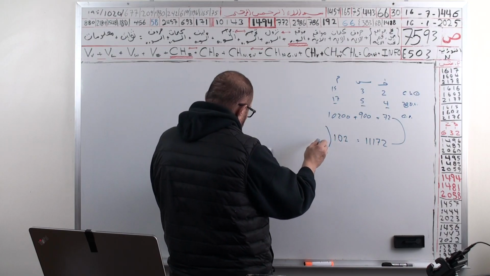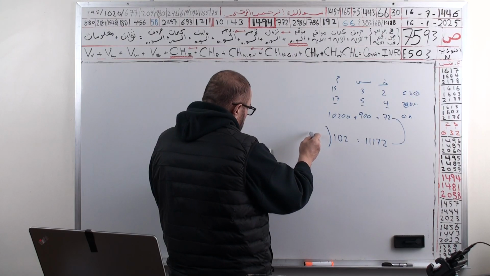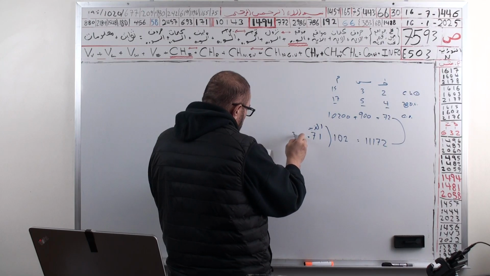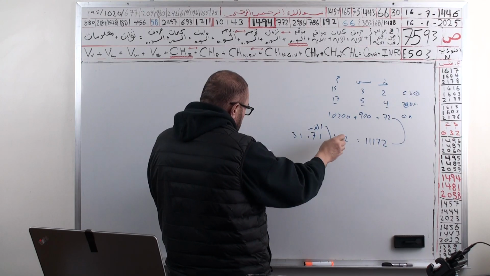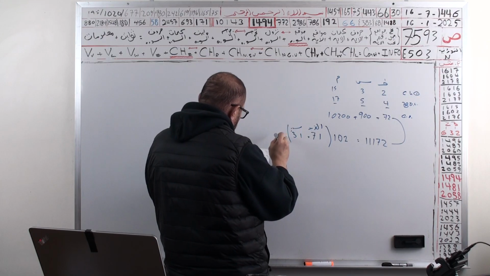If we decode with 102 for this number, which I claim is At-Tariq As-Saway: At-Tariq for Ta, 71, As-Sin 31, that's 102, Saway, times 109.